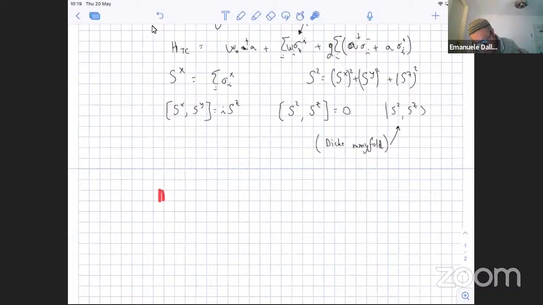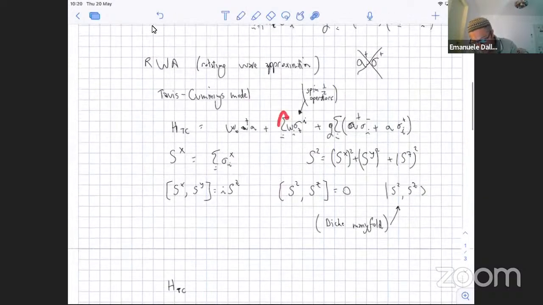So now we can introduce these spin operators, because as you can see here, what really comes up is just the sum of all the spins, assuming that all the omega z are the same. That's a key assumption here to obtain this simplification.